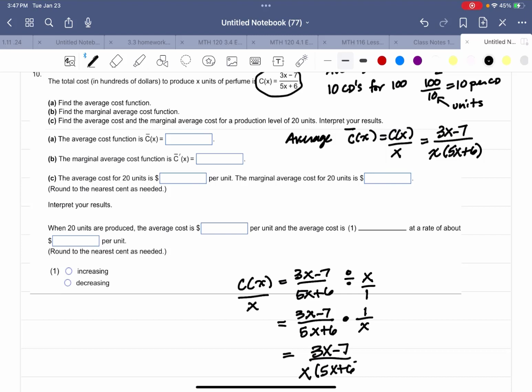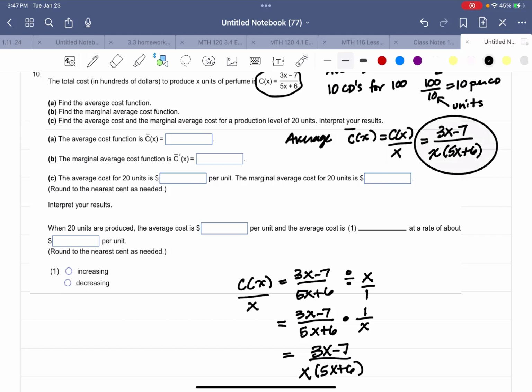So it doesn't matter if you put the x in the front or the back, but when you divide a fraction by basically a whole number x, you just put that x in the denominator of the original fraction. So that's our average cost function. So that's the answer to part A.